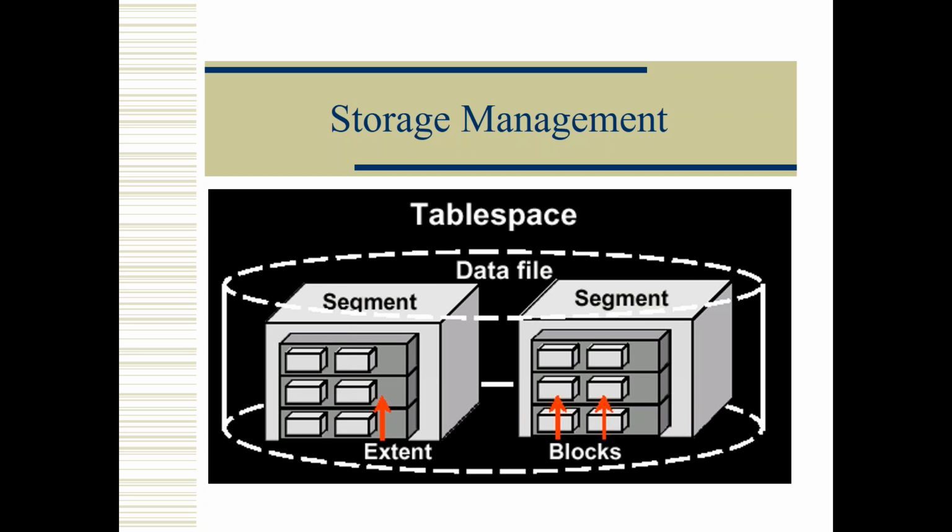Data files are physical aspects on the file system, and we take a sequence of these data files and make an entry in the data dictionary to say that each file with a gig of storage will give us a total of storage space that we need for a database.